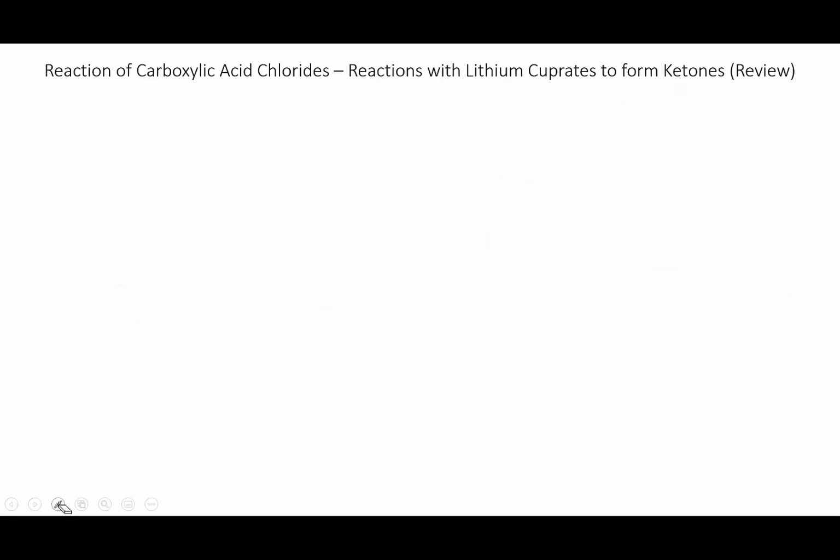Okay, what else can we do with acid chlorides? We're kind of talking about the reactions of acid chlorides here. We can react them with lithium cuprates to form ketones. This is a review reaction that we talked about earlier, but we'll go back and remind you of it. Acid chloride plus lithium cuprate.